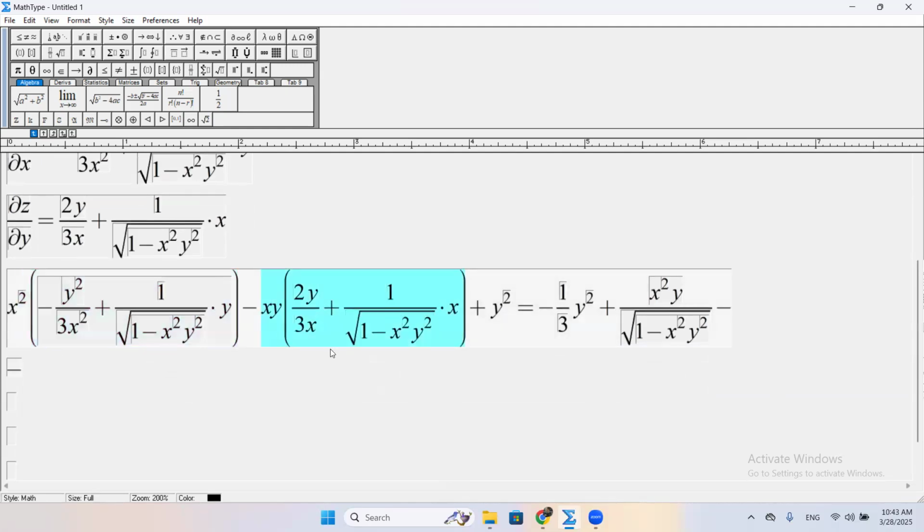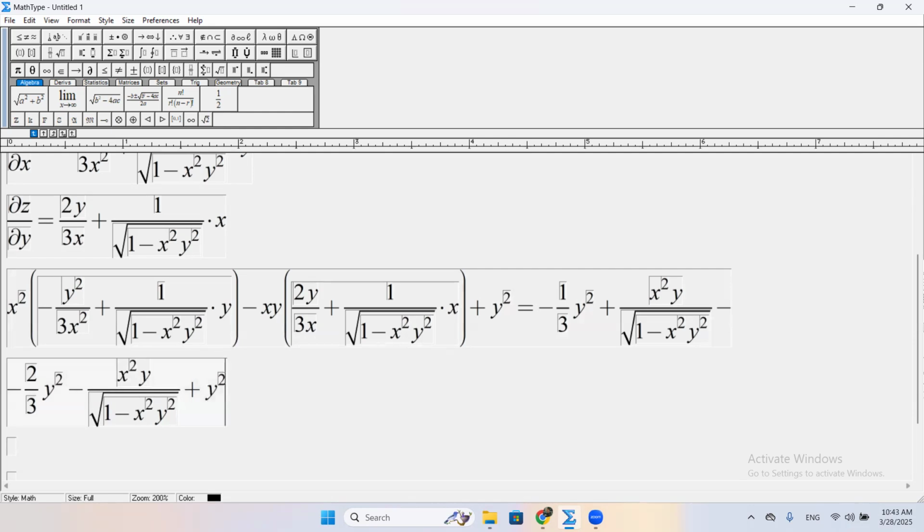Now expanding these brackets minus. So 2 over 3 y squared. So x is eliminated and y squared remains. And minus this square, so minus x squared y by this square root and plus y squared.